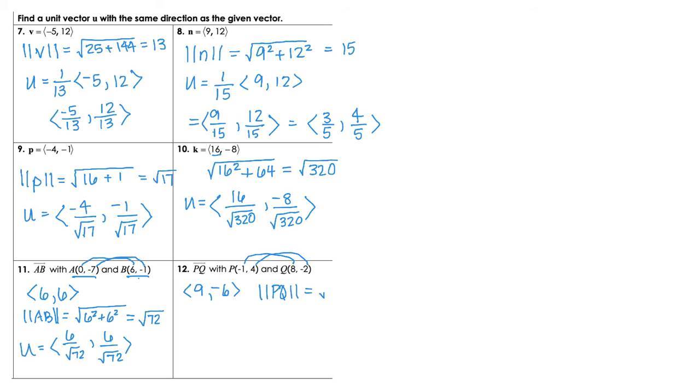It's going to be the square root of 81 plus 36. So you're going to have the square root of 117. And then that's going to be 9 over the square root of 117. And then negative 6 over the square root of 117.